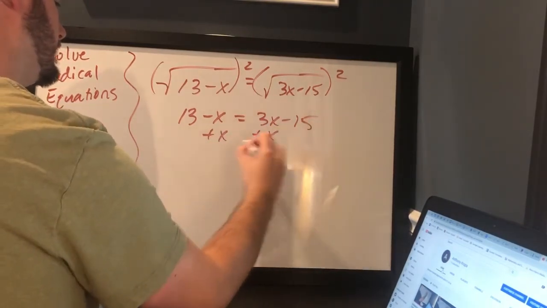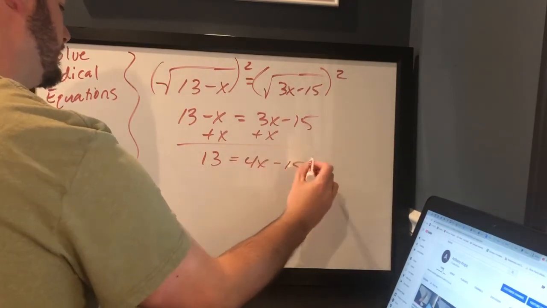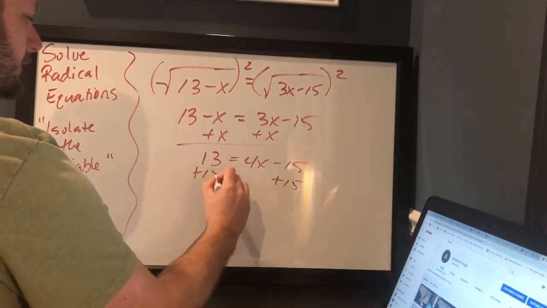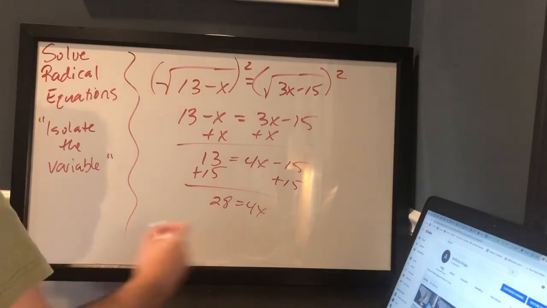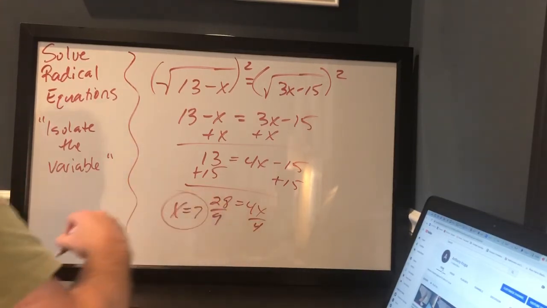Add x. 13 equals 4x minus 15. Plus 15. 28 equals 4x. Divide by 4. x equals 7.